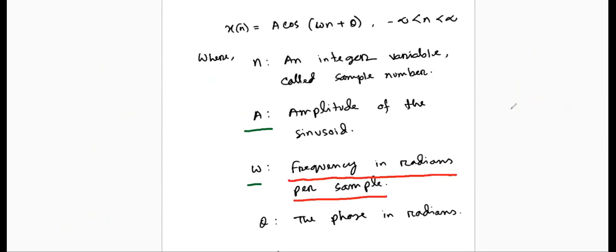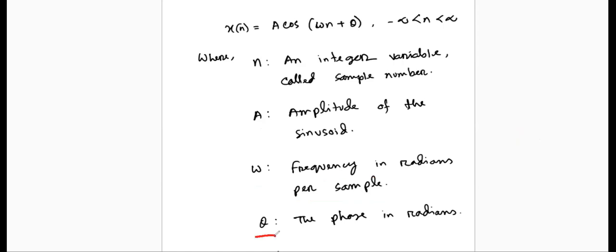What does it mean? Per sample means you have a sample there, you have another sample. So between two consecutive samples, how many radians have elapsed? It is the representation of the frequency. I'll let you know more afterwards.